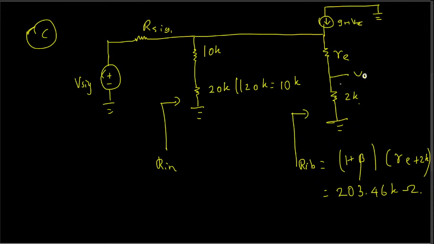By using the Thevenin equivalent, you can put this 2k over R_e multiplied by the V5. V5 is right here. 2k over R_e multiplied by V5 gives you Vo.